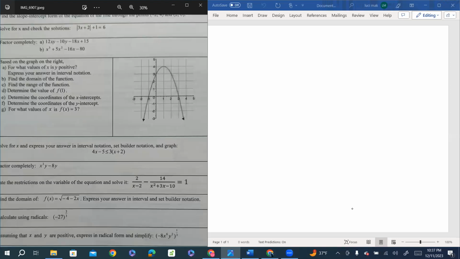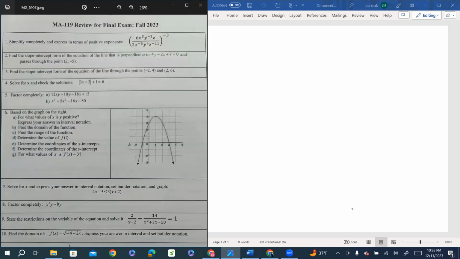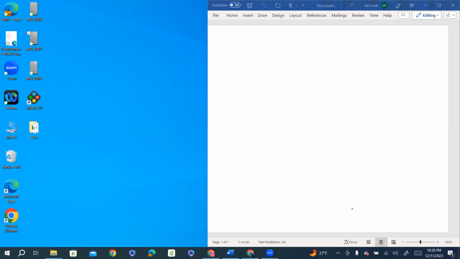Okay, so let's look at the second page of the review here. So let me just close this. I need the second page. Can I get the second page? I think I can open up the second page from here.